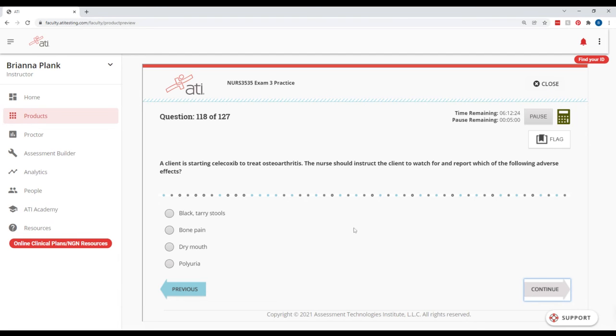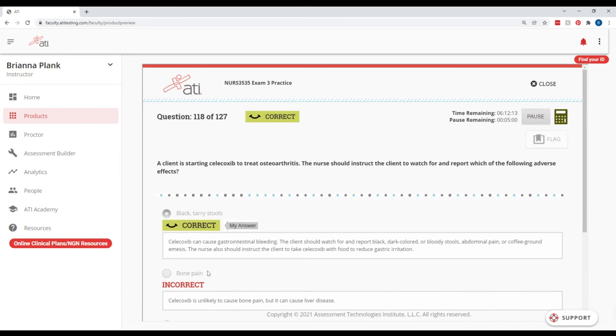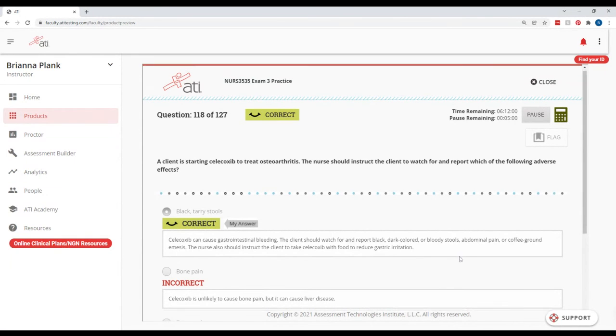I vote for B. So B, GI bleed, maybe it's that, yeah. So black tarry stools are GI bleed. This medication can cause gastric irritation. So if we see a black tarry stool, that means that we're having bleeding in the GI tract.